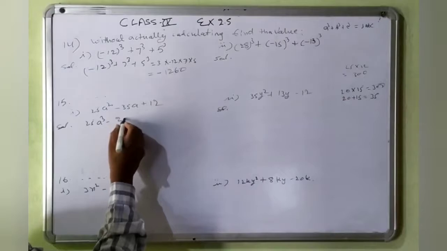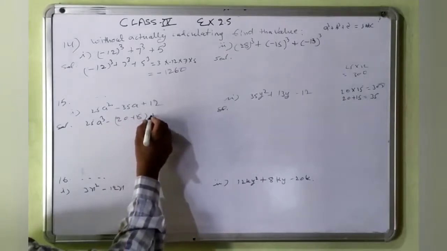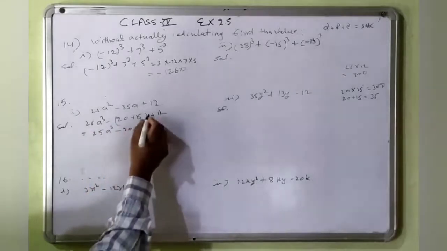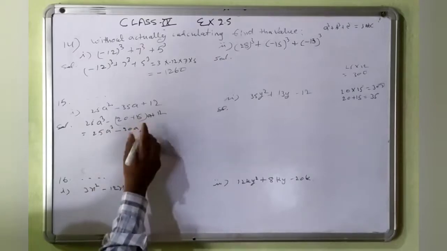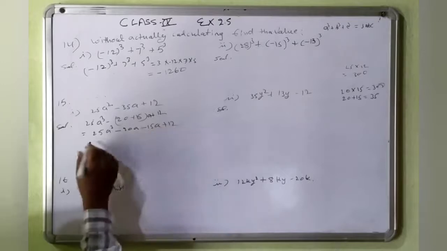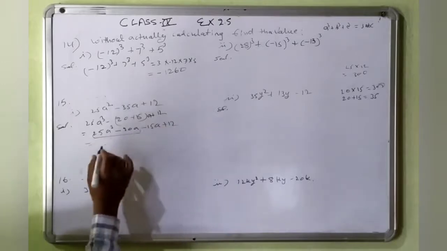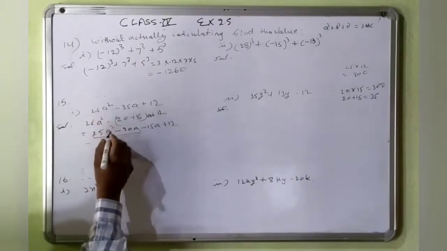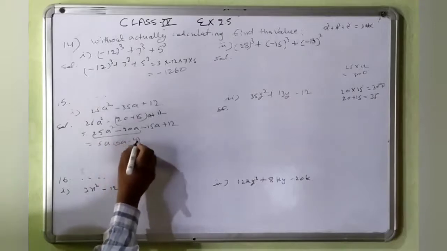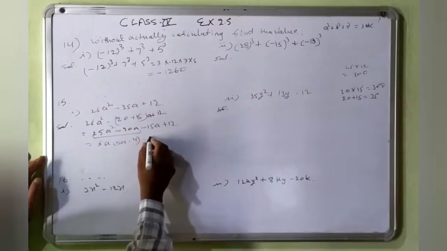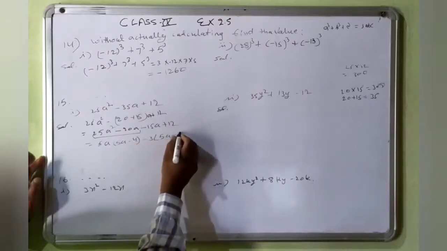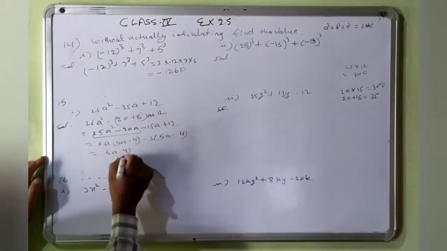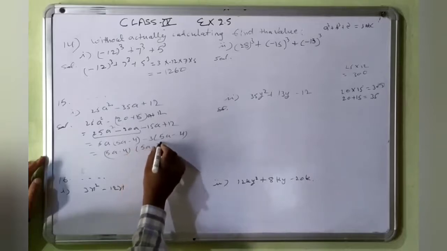So 25a square minus 20a minus 15a plus 12, and then we can take common 5a from the first two and 3 from the last two. So 5a minus 4 and 5a minus 3.